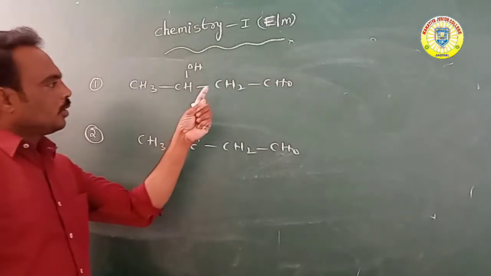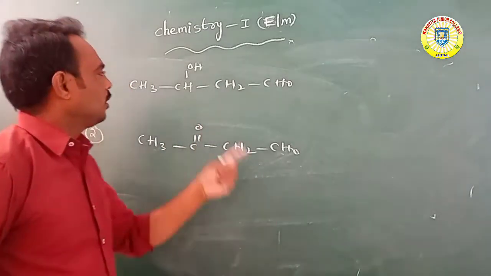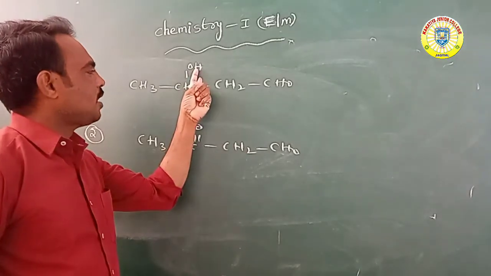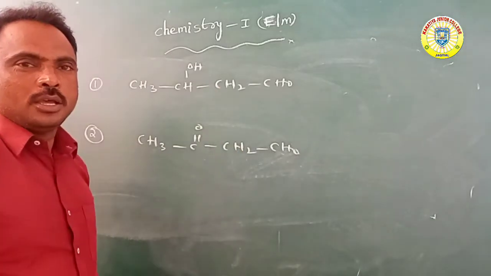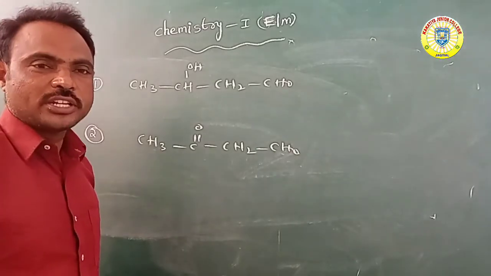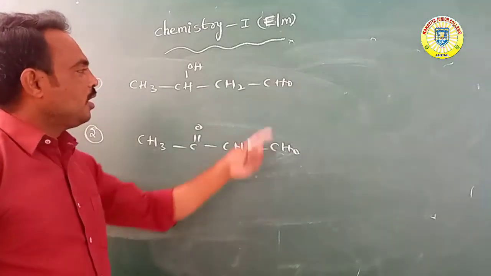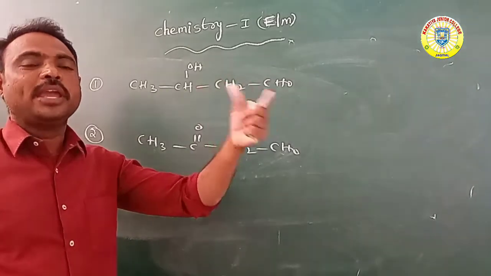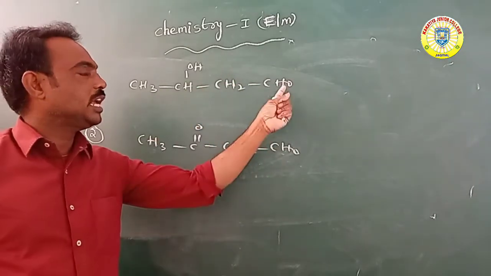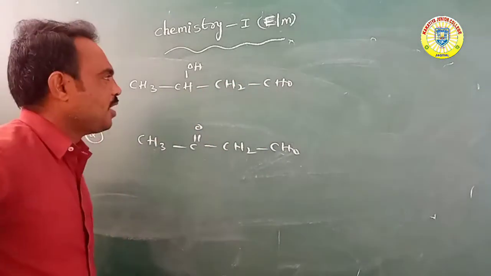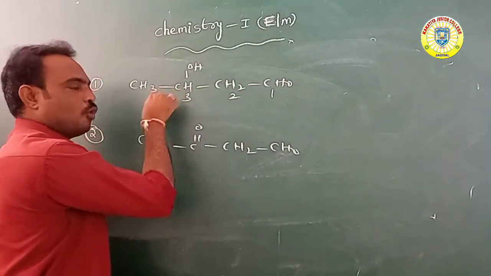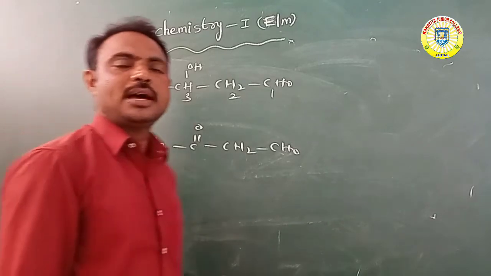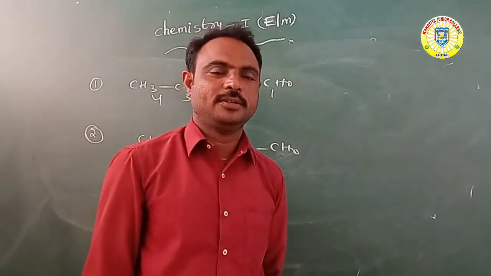So these are the two examples. The first example contains an alcohol functional group and an aldehyde functional group. Between these two functional groups, which is the main, very important functional group? CHO. So we give the number from the CHO side, 1, 2, 3, 4. The OH group, the hydroxy group, is the substituent.